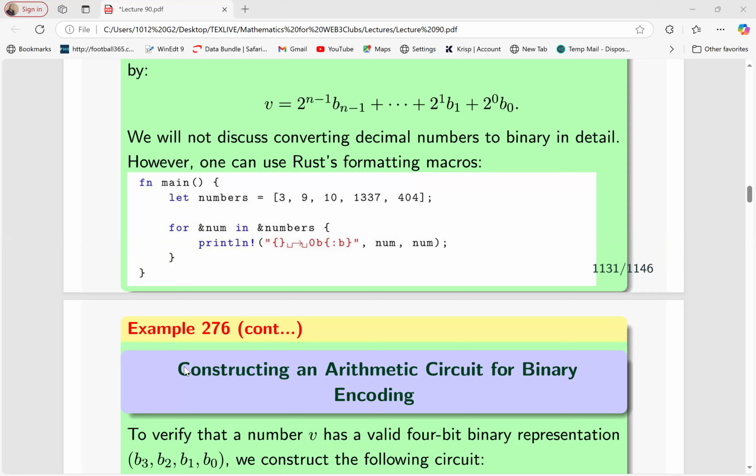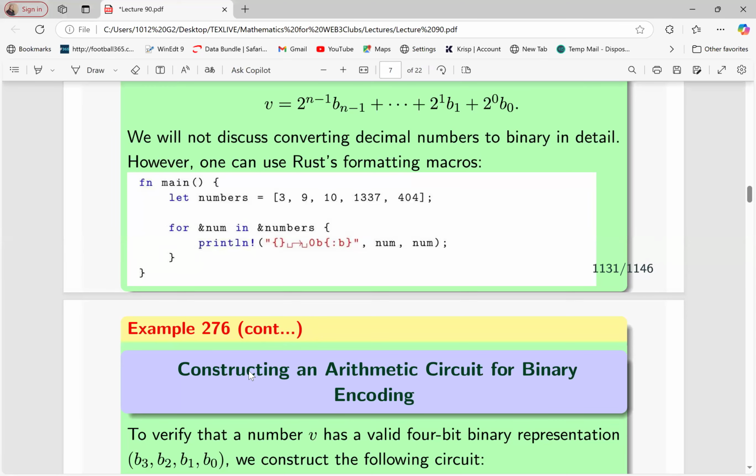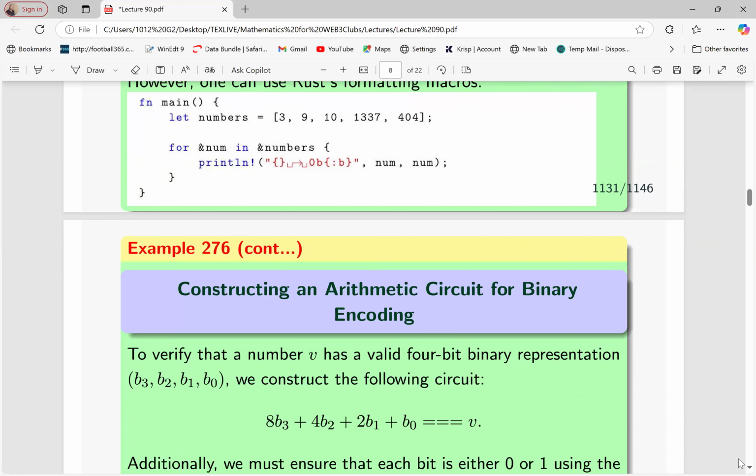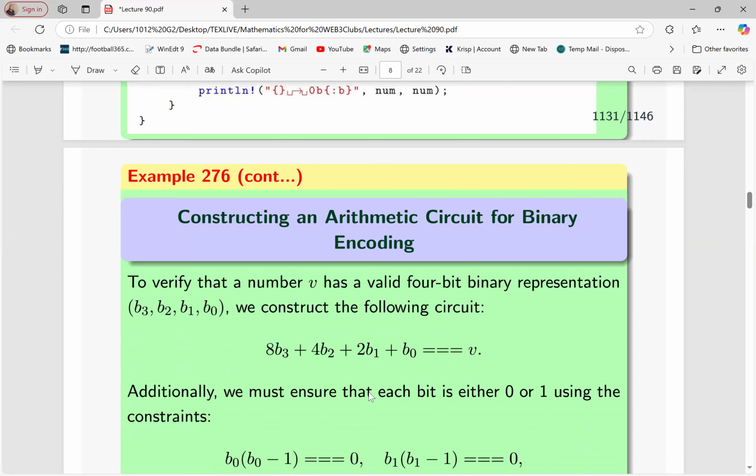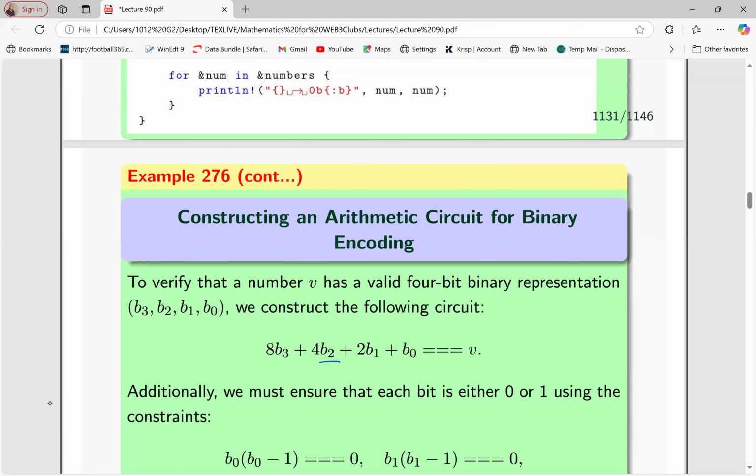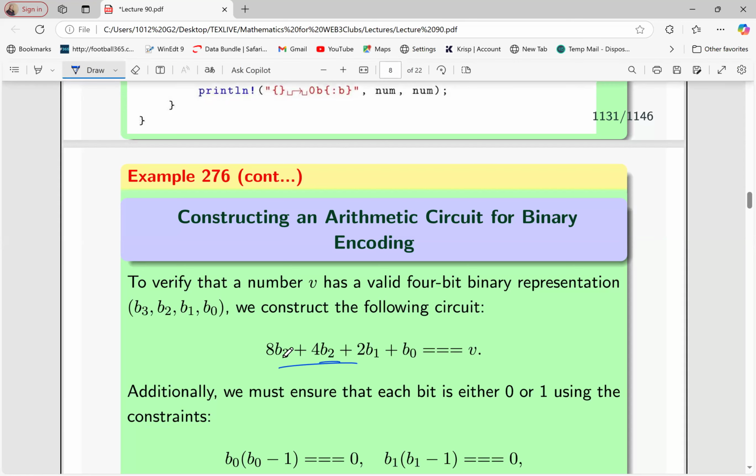So that's what I want to look at here. I'm saying constructing an arithmetic circuit for binary encoding. So how do you now construct that? For these 4 bits, we've seen that we can write an equation this way, and this equation will be converting the binary to decimal.